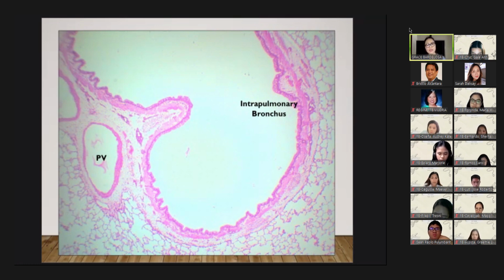But collectively, the respiratory epithelium is called pseudostratified columnar ciliated with goblet cells. And indeed, class, the intrapulmonary bronchus has tall pseudostratified columnar cells, but the pseudostratification is a little less compared to what is seen in the respiratory epithelium in the higher branches of the respiratory tree. But with the intrapulmonary bronchus, yes, it is lined with respiratory epithelium.